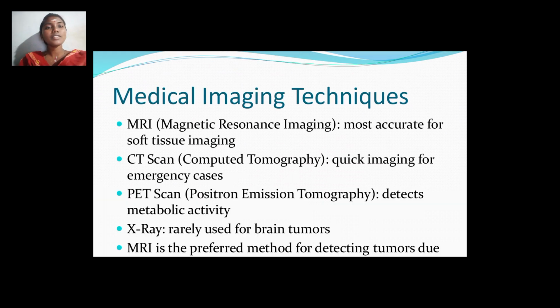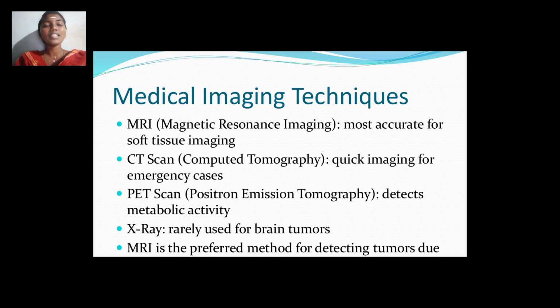Next are medical imaging techniques. There are four types of techniques: MRI, CT scan, PET scan, and X-rays. MRI is magnetic resonance imaging. It is the most accurate for soft tissue imaging, and it is mainly used for brain tumor identification. The CT scan is computed tomography. It is quick imaging for emergency cases.